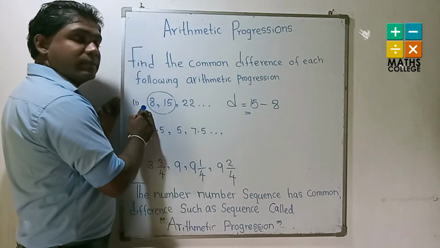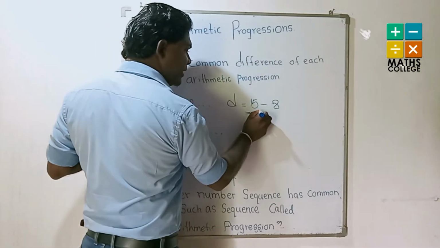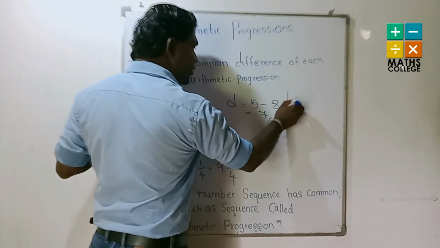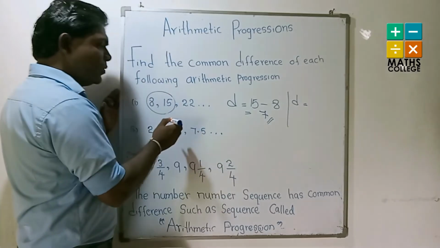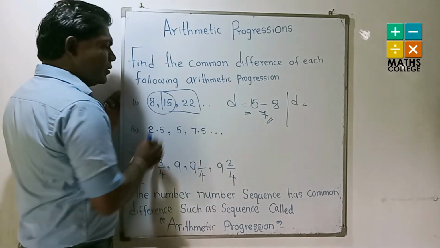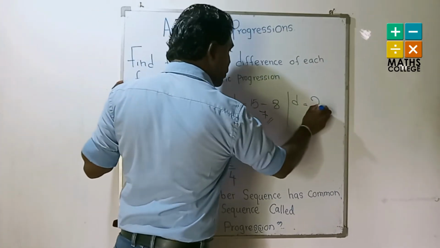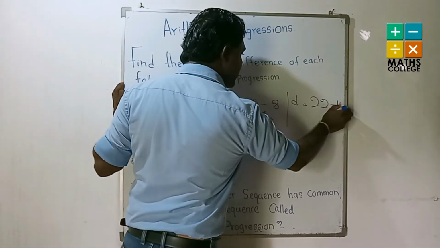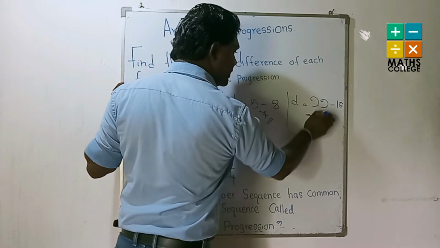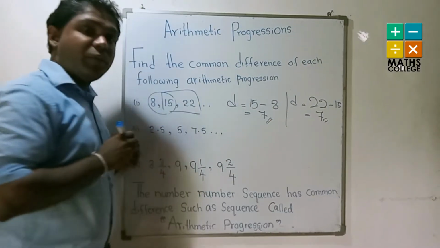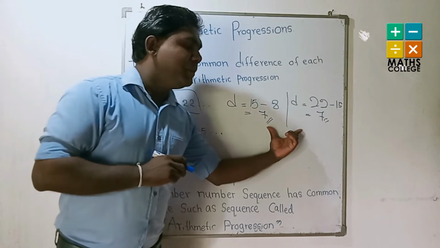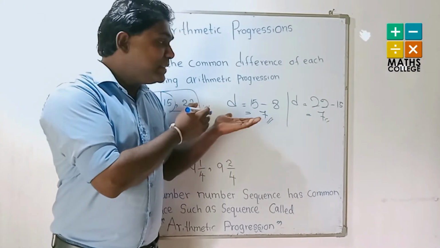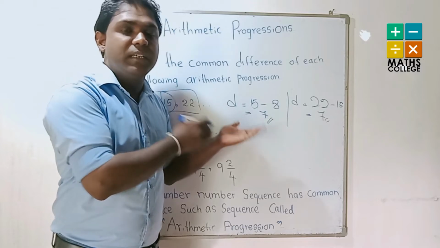Second term minus first term, what is the answer? 7. Now we find another one also. 22 is the second term, 15 is the first term. What is the answer? 7. You can see both differences are the same, because we call it the common difference.